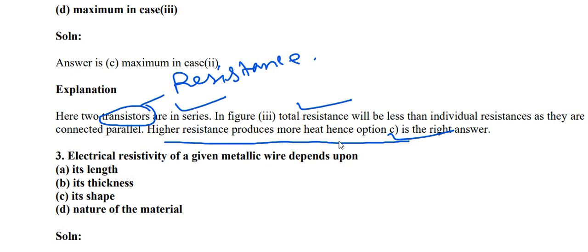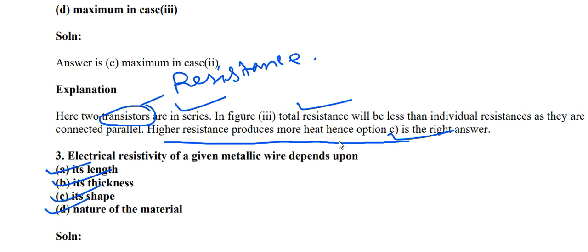The next, you see, electrical resistivity of a given metallic wire depends upon its length, its thickness, its shape, and the fourth, nature of material. You always try to give the closest answer, right? All are factors: its length, thickness, shape, and nature of material of the resistance of the electrical wire.